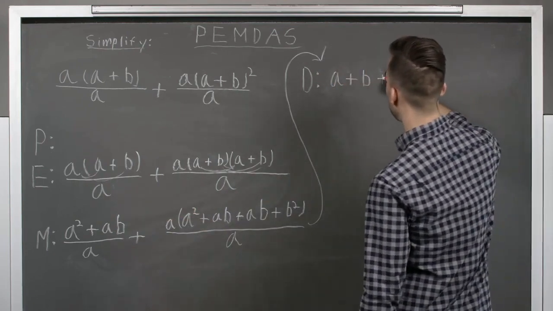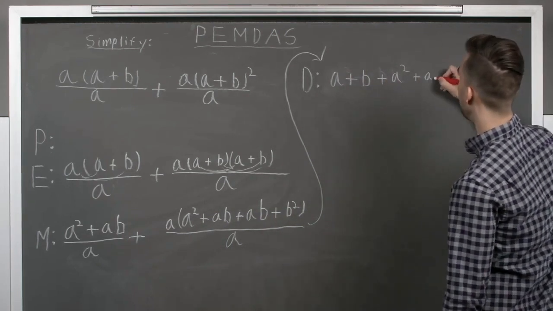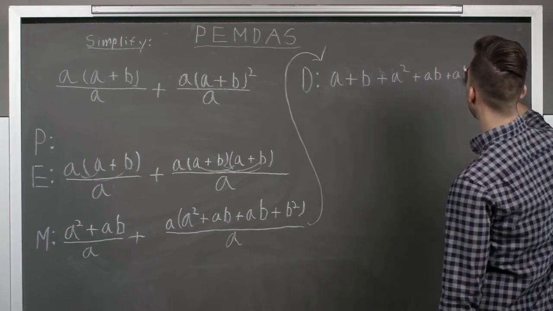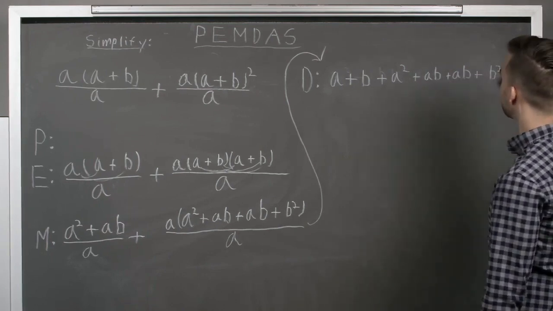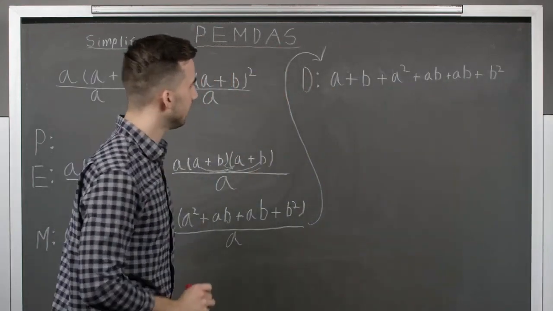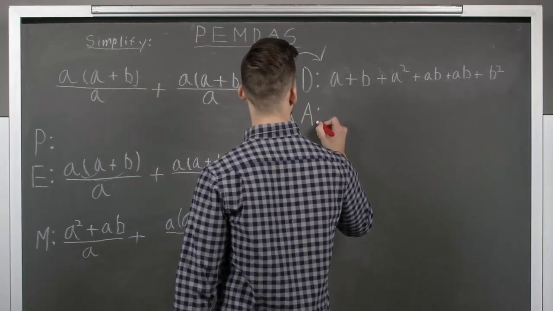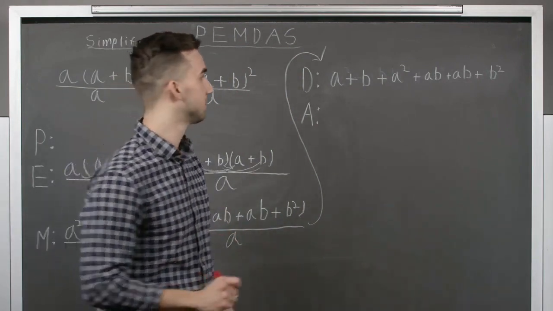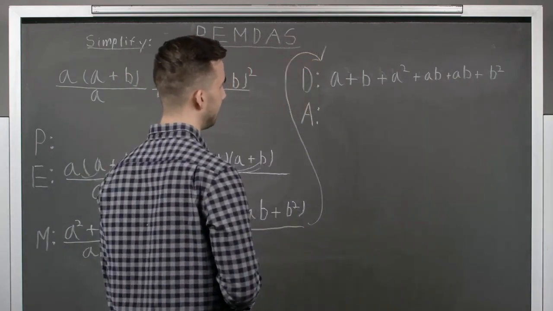So we have plus A squared plus A times B plus another A times B plus B squared. So now we do our addition step. And what can we add here? We can add like terms. We have a like term here, AB, and that might be our only like term.